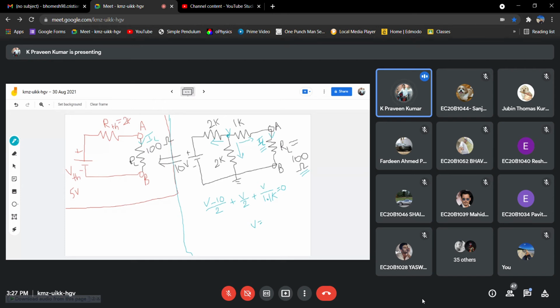How much? 2.619. Yes, sir. Right. So then what about IL, the current through the load resistance?